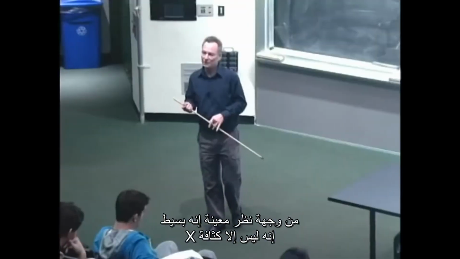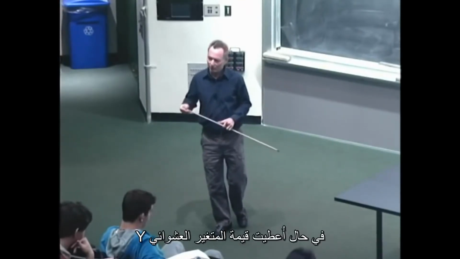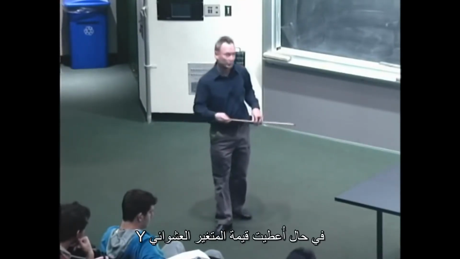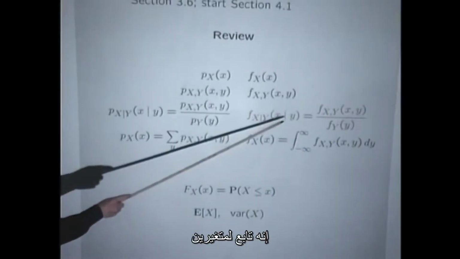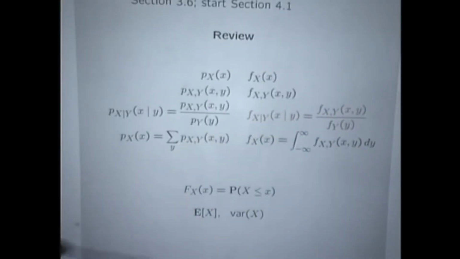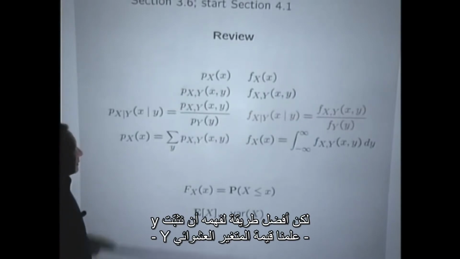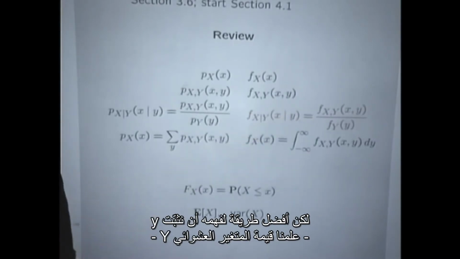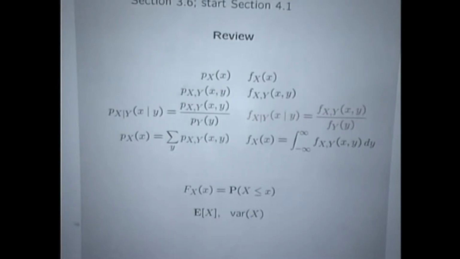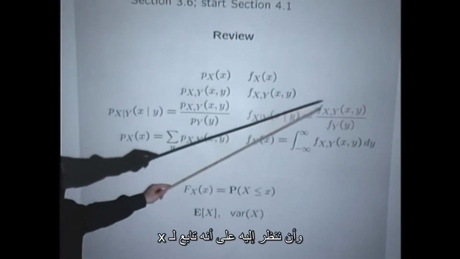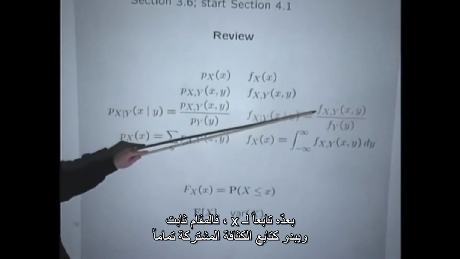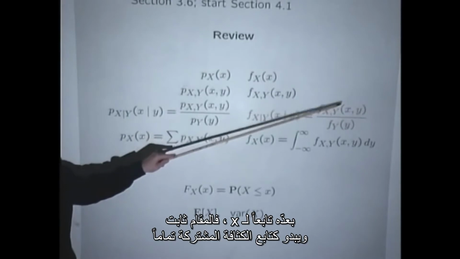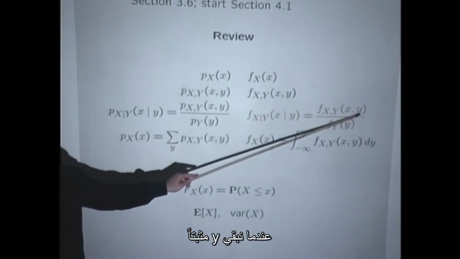It's just the density of X in a world where you have been told the value of the random variable Y. It's a function that has two arguments, but the best way to think about it is to say that we fix Y, we're told the value of the random variable Y, and we look at it as a function of X. So as a function of X, the denominator is a constant, and it just looks like the joint density when we keep Y fixed.